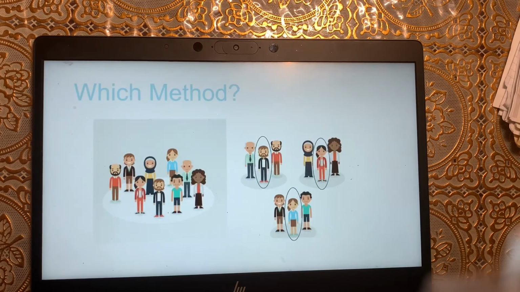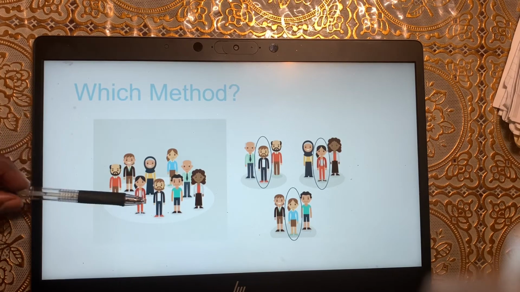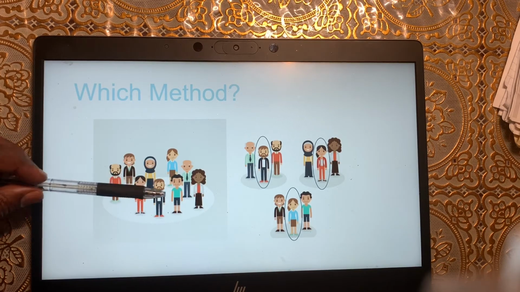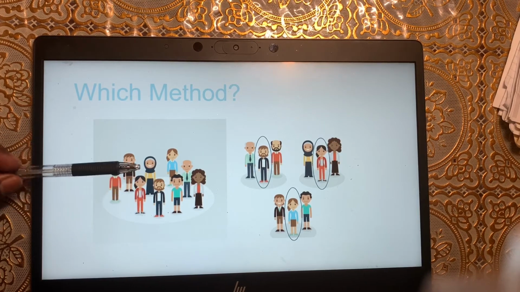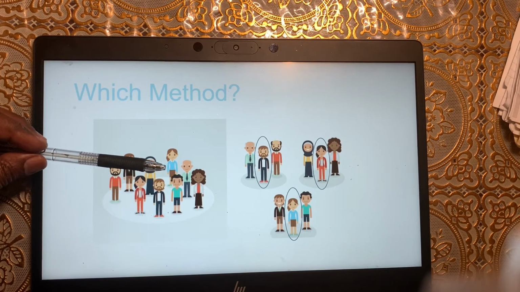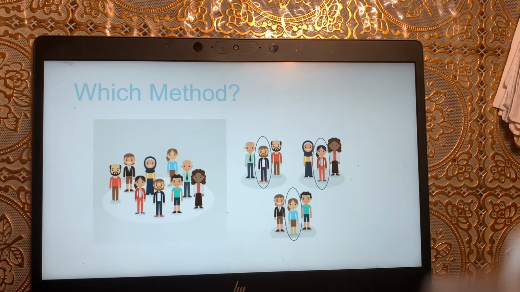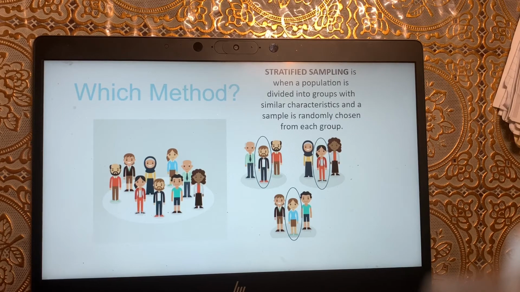For instance, you have a population, which might be in the hundreds or thousands. If you are studying each and every one, it might not be efficient. So which method is important? Let's see one by one the different methods of sampling we have.